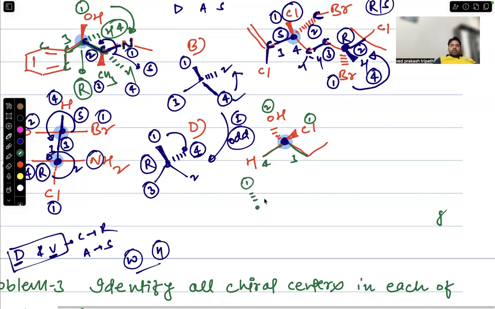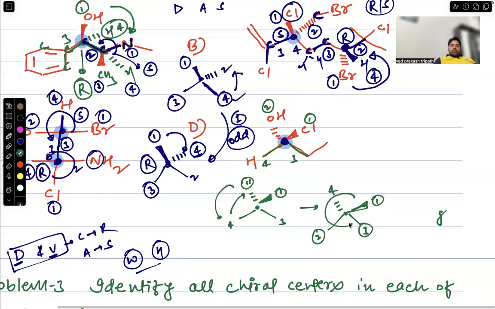Dash 1, sorry, dash 2, wedge 1, right side 3, left side 4. So I am going to keep the 4th on the dash. So 4th on the dash means second on this position. So this is second wedge and this is not going to change. This is 1 and this is 3.